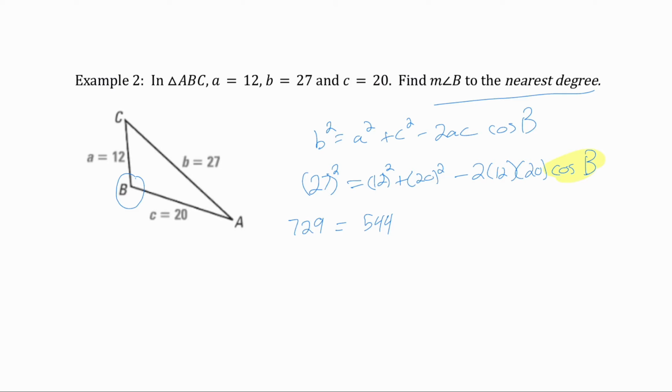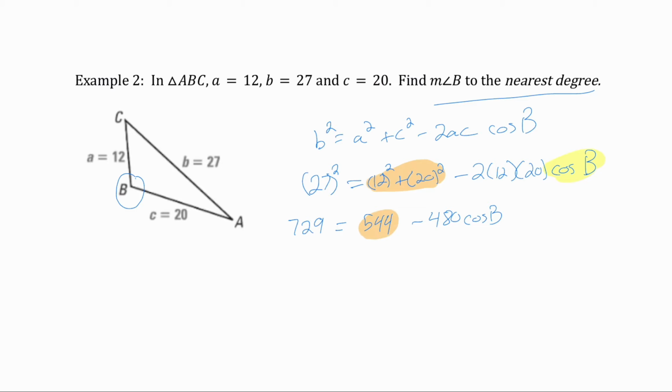What's happening is these two things right here are becoming the 544. Then based on order of operations, I can't just subtract the 2 times 12 times 20 because it's got to also multiply by the cosine of B. But what I can do is multiply 2 times 12 times 20. And we could say, okay, this is really minus 480 times the cosine of angle B.